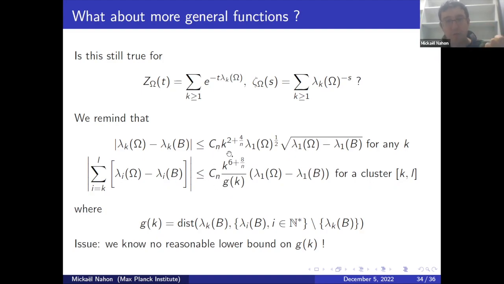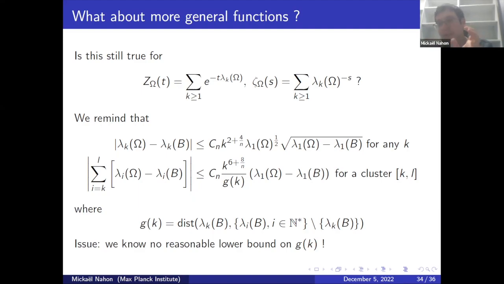For the square root bound, we have a constant that is polynomial in k. So typically for this one with the exponential decay, it's going to be nice. We're going to get a square root stability. However, when we want to use the linear stability, we have the spectral gap g of k in the denominator here, which I remind is defined as the distance between lambda k and the nearest eigenvalue.